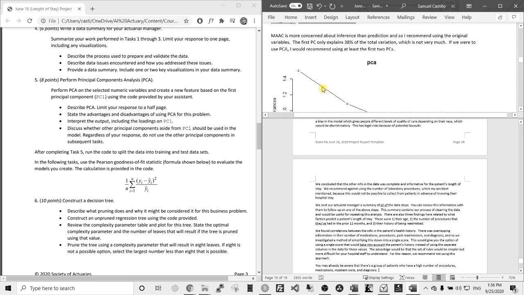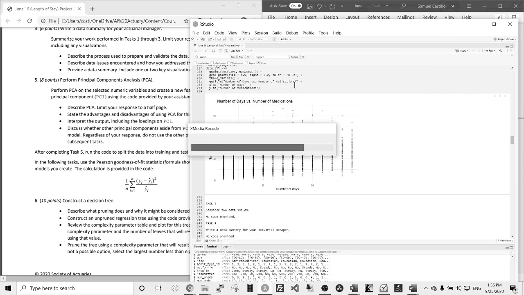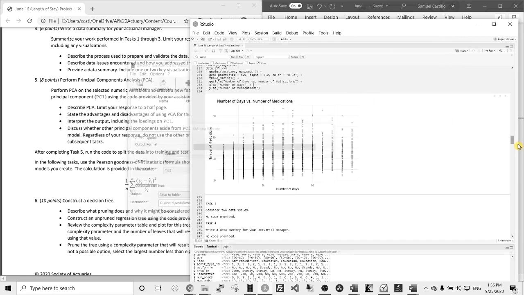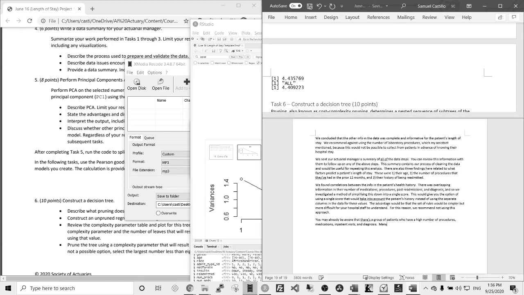Remember, I don't think that we included the correlations here. Correlations are easier to explain than something like principal component analysis. So the correlation was highest for the number of medications and the number of days. One way to find which factors are related to the length of the hospital stay is by looking at the correlations.